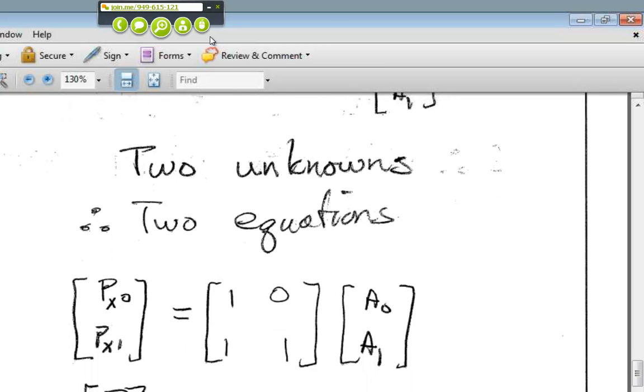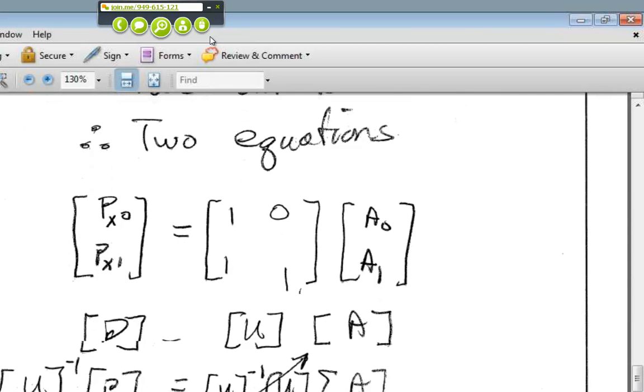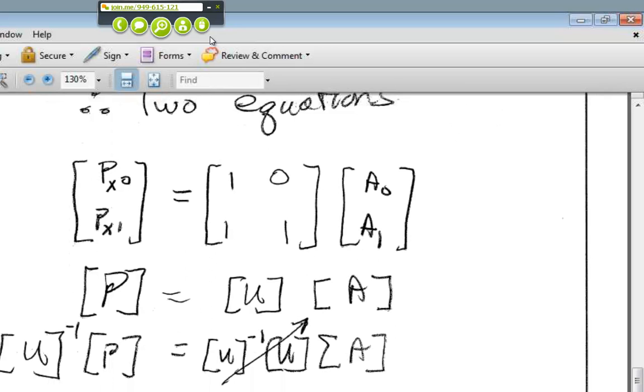The problem is we don't know what A is, so how do we isolate A? Well, we multiply U times the inverse of U to get the identity matrix. Multiply P times the inverse, and that will give us our A values. Once we solve for A, we plug it back into the original equation, and now we can find any point along that line.